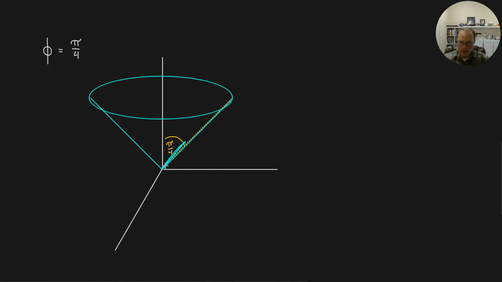So I could go out in this direction, or if I'm negative, I could go out in that direction. So I end up getting a double cone. So when phi is equal to a constant value, the surface we get in spherical coordinates is a double cone.